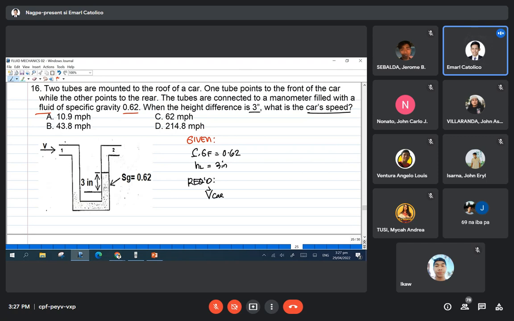Okay. So velocity ng car natin, equal na yan sa velocity ng air natin, kasi dalawa lang naman ang ating fluid dyan: air tsaka liquid. Since yung dalawang tube na to, 1 and 2, nakamount siya sa roof ng car, therefore, yung speed ng air, yan na yung consider natin as speed ng ating car. Yan yung hinahanap.